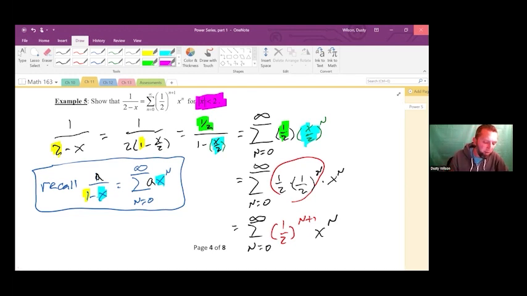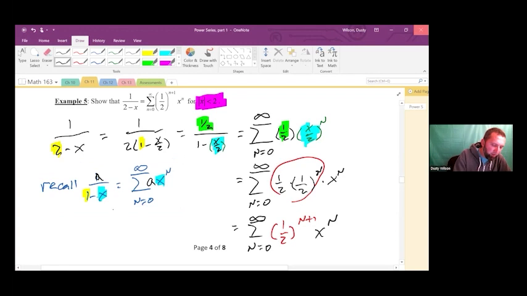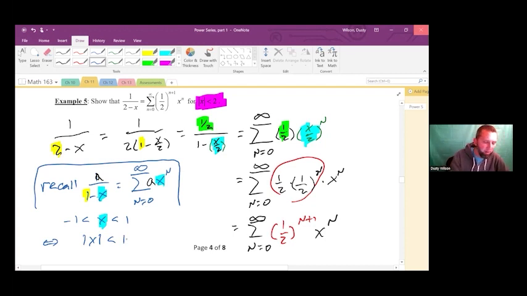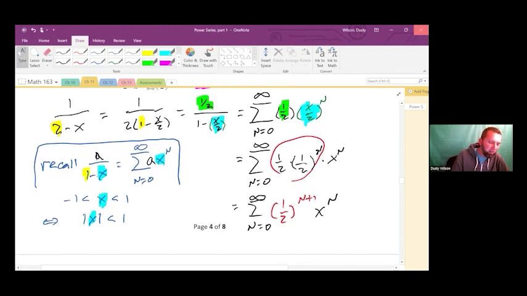So let's see if we can unpack that a little bit. So recall that this formula that we're recalling is true when -1 is less than x is less than 1, which would be the same thing as saying the absolute value of x is less than 1. So it's just two ways of writing the same thing. And in our case, what is that x?